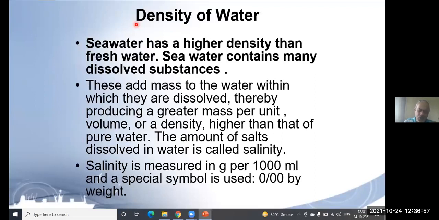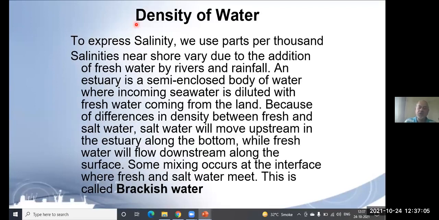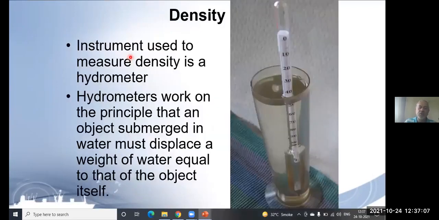So for measuring density of water, you have to use a hydrometer. You pick up seawater or water of the docks in a bucket, lower the bucket by rope, pick up the water, and in that bucket of water you can put this hydrometer. This is the equipment used to measure the density.